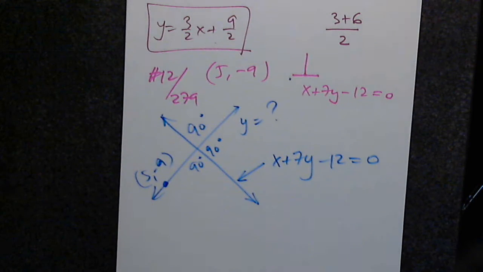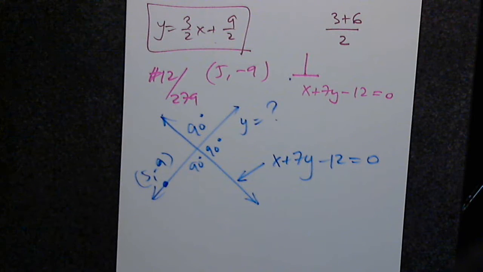And now please tell me what to do. Solve for y. Excellent. Why would I solve for y? Yes, to find the slope of the given line and then identify, they're not going to be equal, right? To identify the slope of the line whose equation I don't have yet.